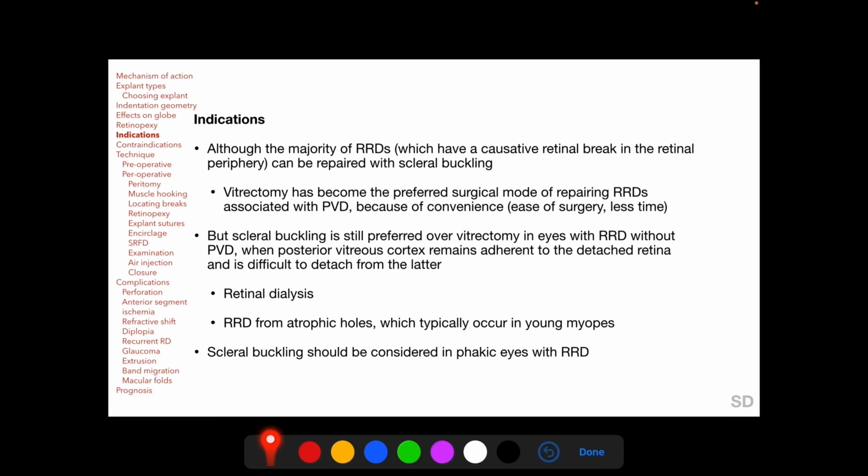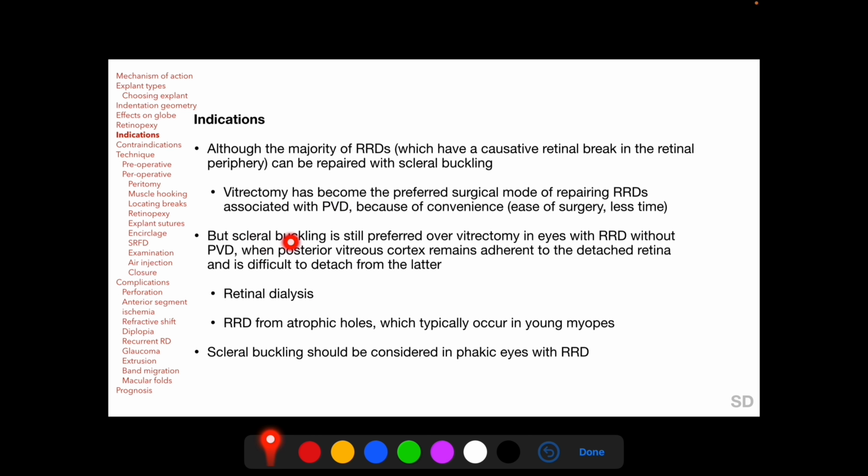Although the majority of rhegmatogenous retinal detachments with causative retinal breaks in the retinal periphery can be repaired with scleral buckling, vitrectomy has become the preferred surgical mode of repairing rhegmatogenous retinal detachments associated with posterior vitreous detachment.